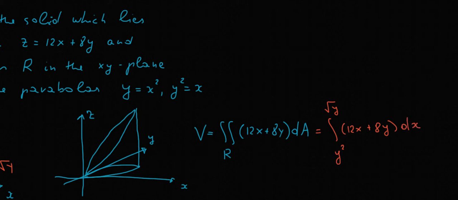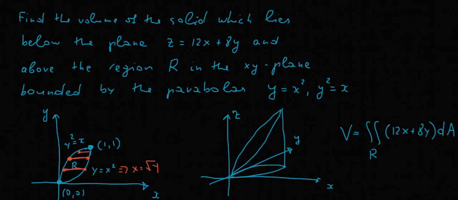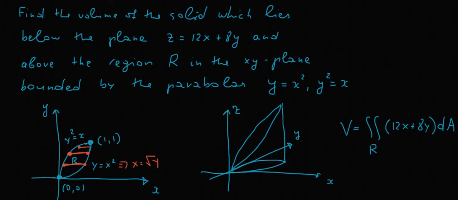Once we're finished integrating over x, the result will be a function of y. And now let's see what the range of y coordinates in our region is. You see that the region lies between the lines y equals 0, that's the x-axis, and y equals 1.